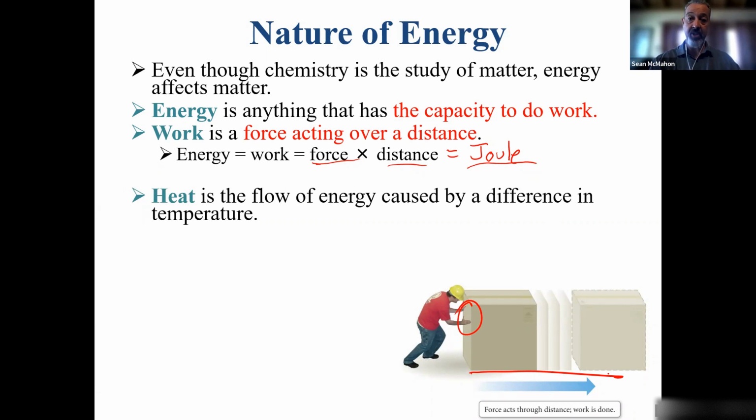Another form of energy that we'll be talking about is heat. And heat essentially flows based on differences in energy. And this makes sense because typically heat flows high to low. It's kind of like diffusion, right? When we think of diffusion, it's from a high concentration to a low. It's the same with heat. You may have heard that heat rises, right, in the house.